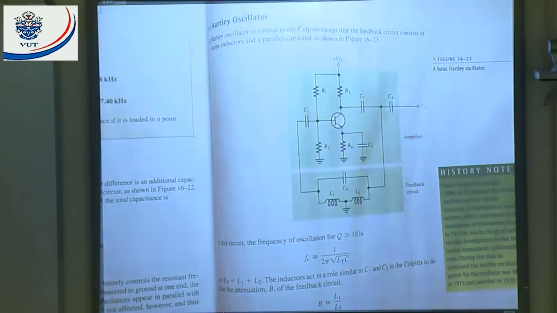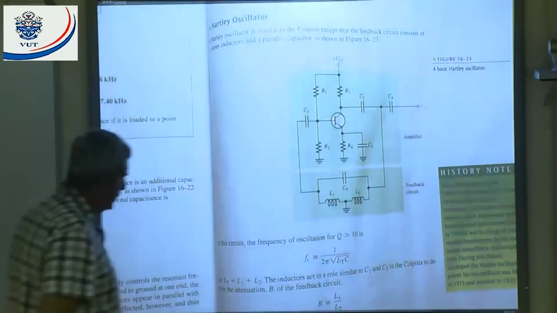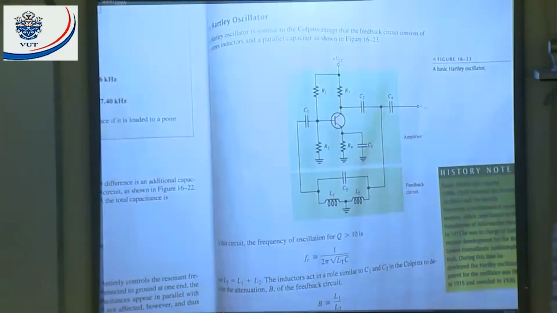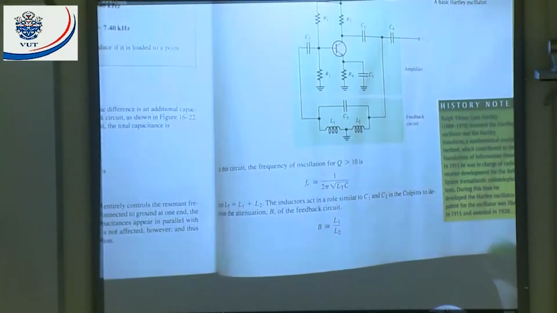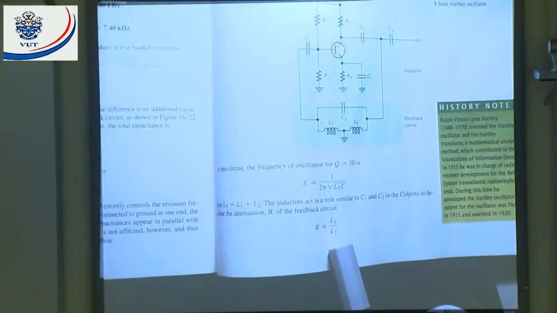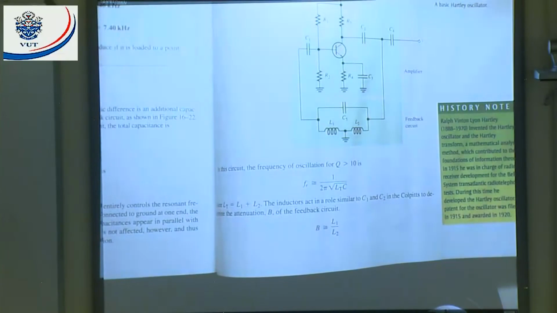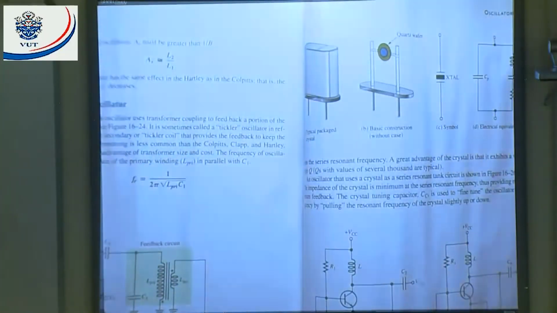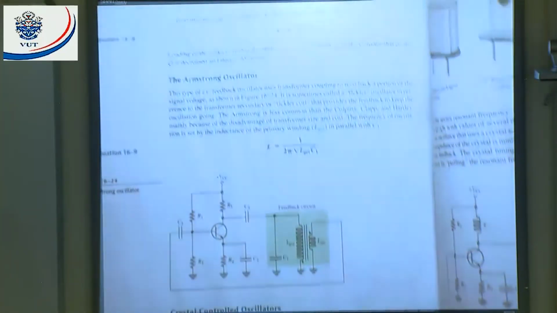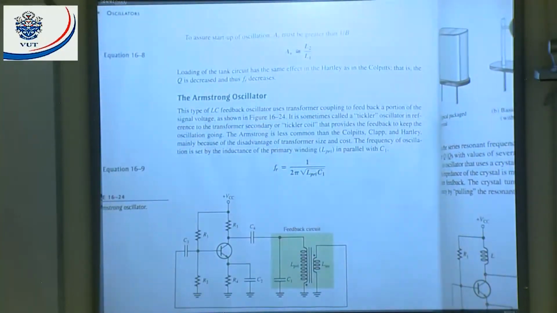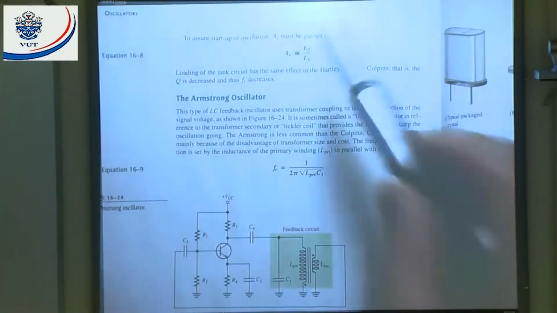It's not like capacitors, we just add them. That means L total equals L1 plus L2. My attenuation is going to be equal to L1 divided by L2. My voltage gain is going to be L2 divided by L1.